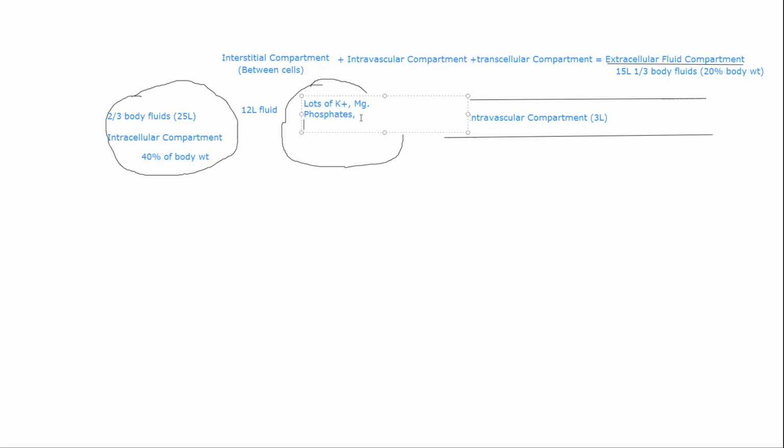And the protein is going to be in the form of albumin. So inside of our cell, we have lots of potassium, magnesium, phosphates, and protein.